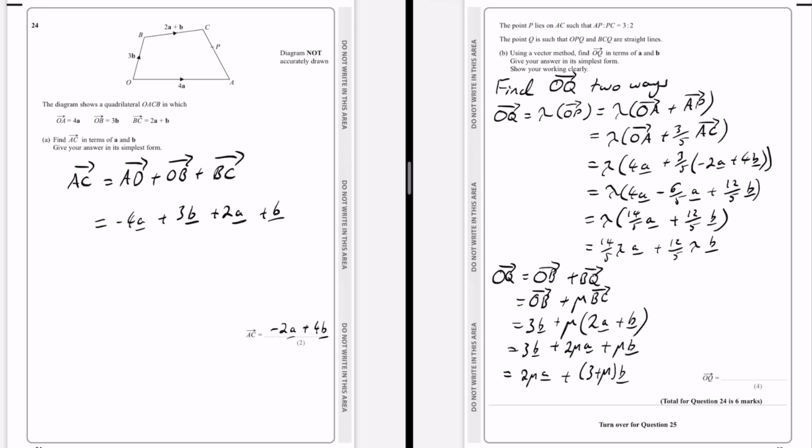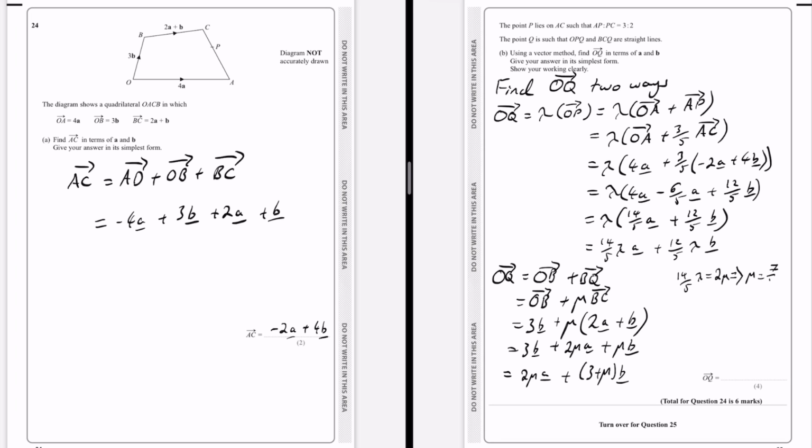Now we can compare the two vectors we've constructed because the number of little a's and the number of little b's will be the same. So we know that 14/5 of lambda must be equal to 2 mu. Or if you prefer, dividing both sides by 2, mu is equal to 7/5 lambda.